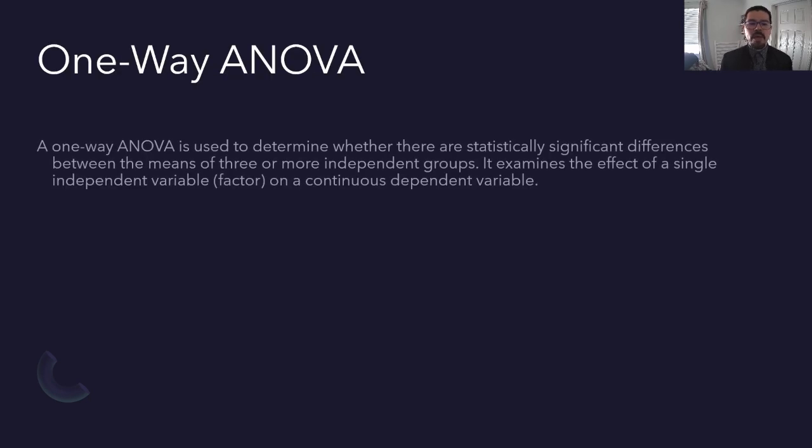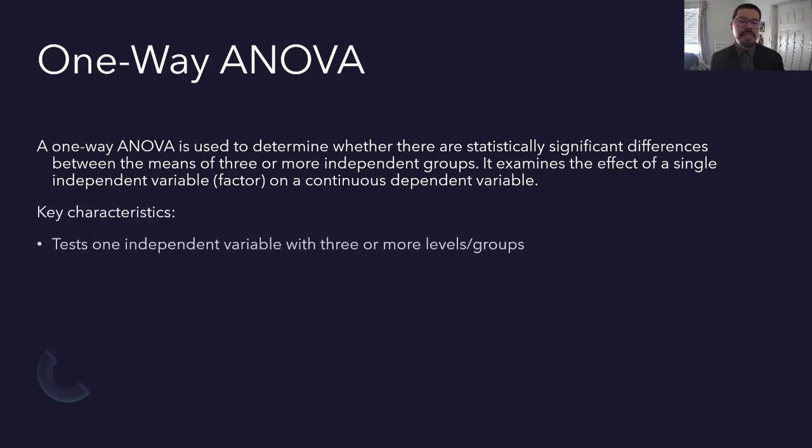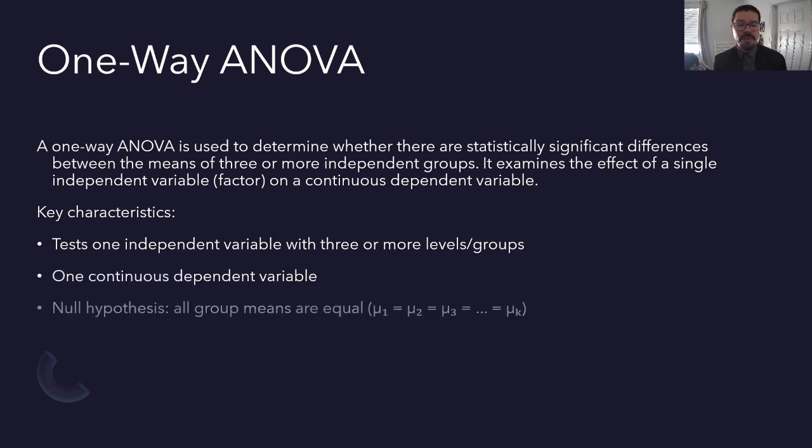The one-way ANOVA is used to determine whether there are statistically significant differences between the means of three or more independent groups. It examines the effect of a single independent variable, which we actually refer to as a factor, on a continuous dependent variable. Its key characteristics include that it tests one independent variable with three or more levels or groups. It uses one continuous dependent variable.